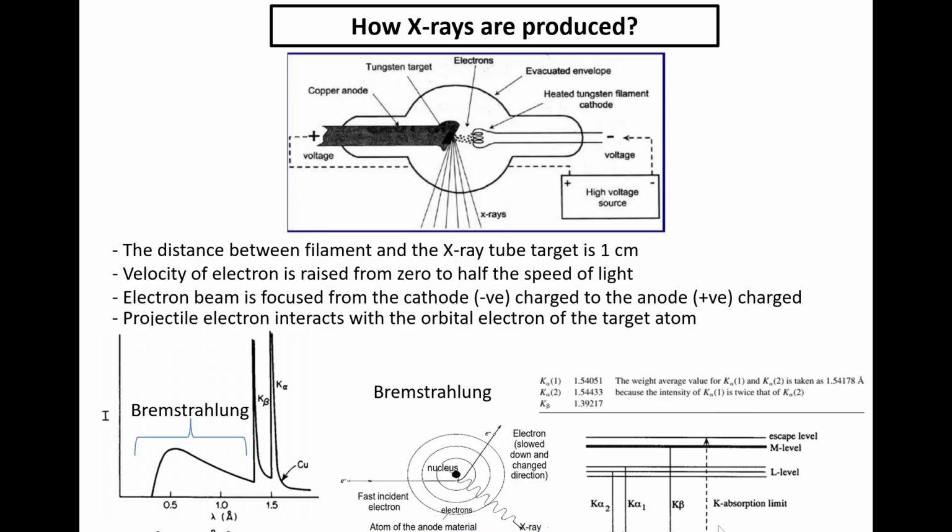Everything wants to come to a stable form. So it will again come down to its ground state, and in that process, when it comes from the excited state to the ground state, the energy which is emitted is in the form of X-ray.